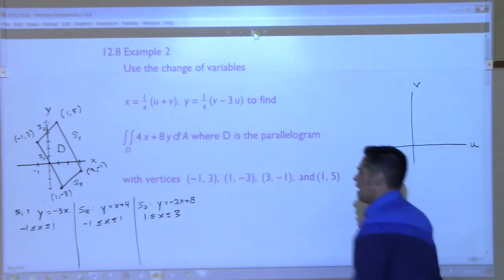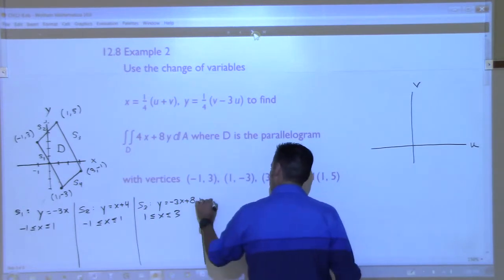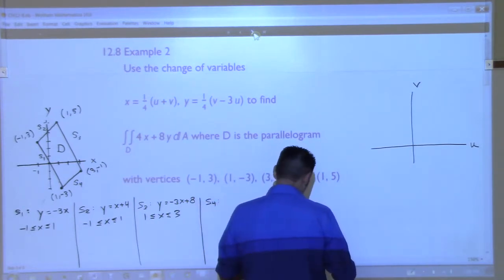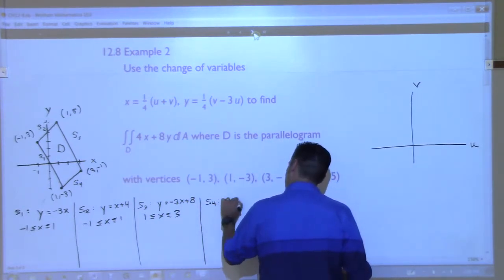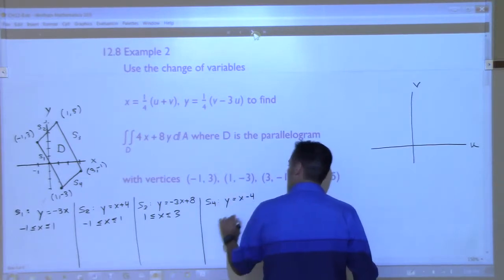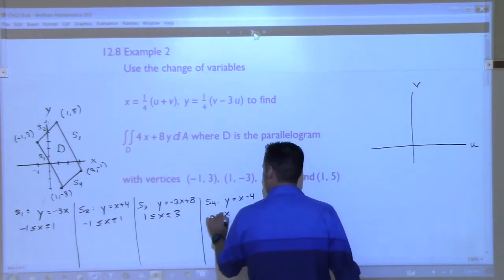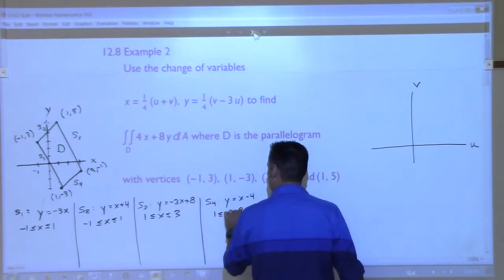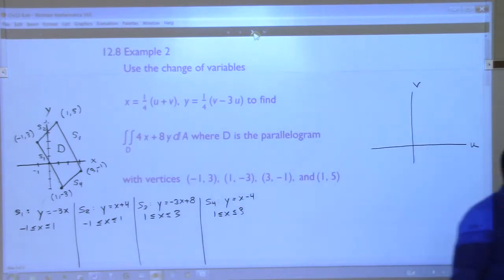And then finally, S4 was y equals x minus 4. And here x is between 1 and 3 again. Okay. So already this is quite a bit of work just to try and start to switch this thing over, right? Quite a bit of work.